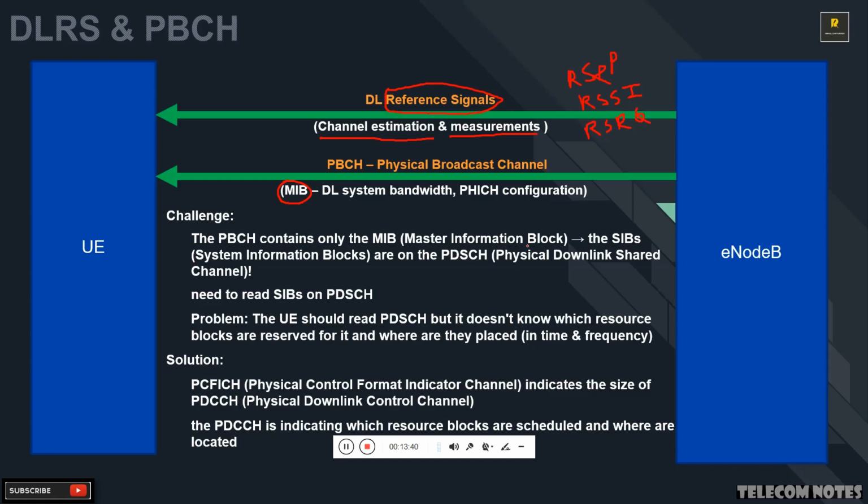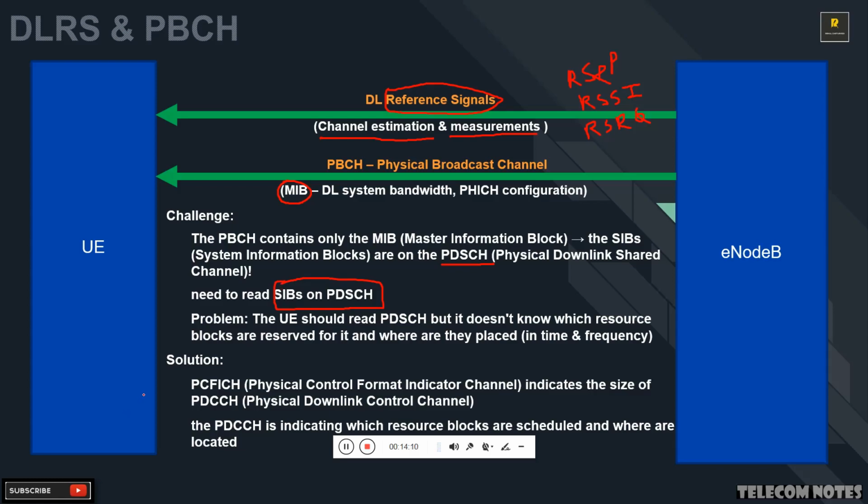The system information blocks are on PDSCH, physical downlink shared channel. So how will those SIBs be read by your UE? The problem is the UE should read PDSCH, but it doesn't know which resource blocks are reserved for it, where they are placed in time and frequency.